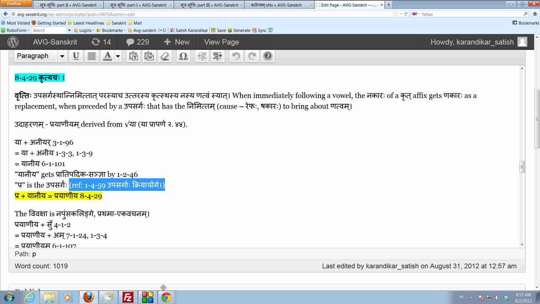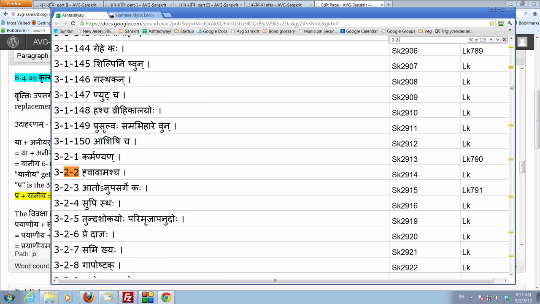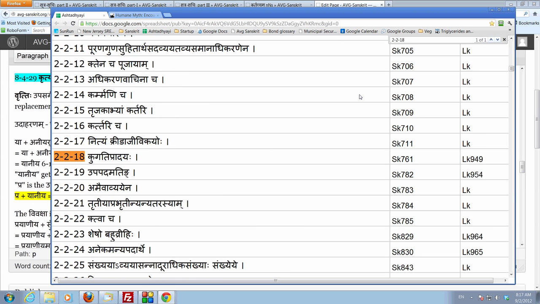I will just mention a sutram which we will look at in detail later, which is used to form these kinds of compounds, a tatpurusha samasa, formed by the sutram Kugati Pradayaha. This gati sanya includes the upasarga sanya, so those which have the upasarga sanya also have the gati sanya. So Kugati Pradayaha is used to form this compound. That's a sutram which we'll come back to later on.